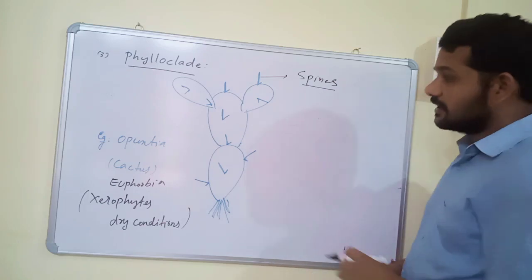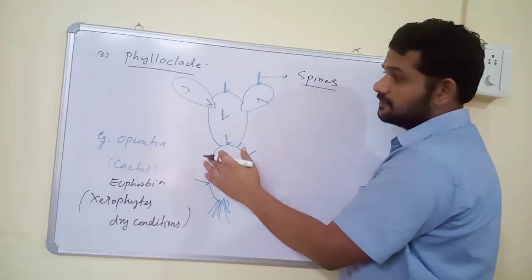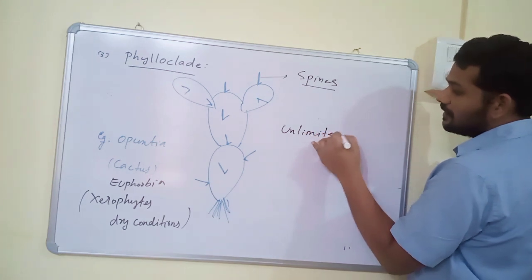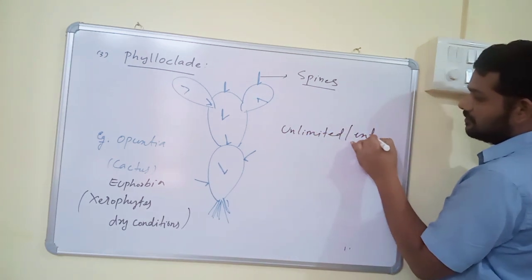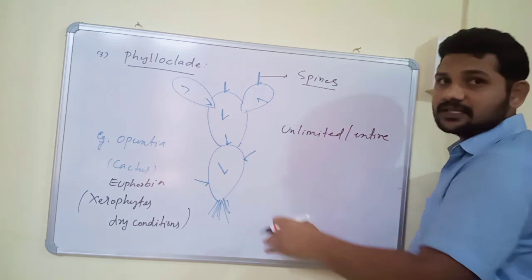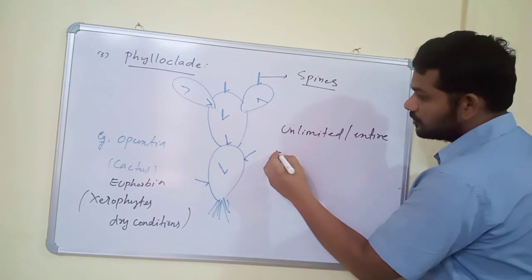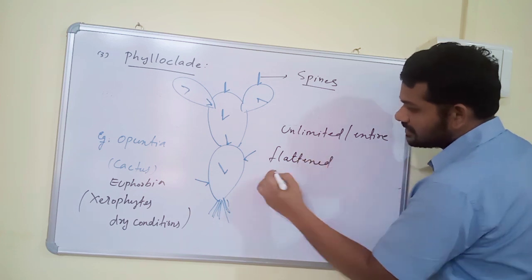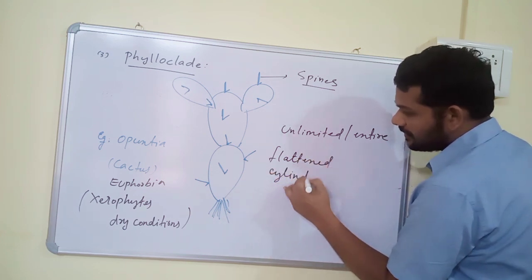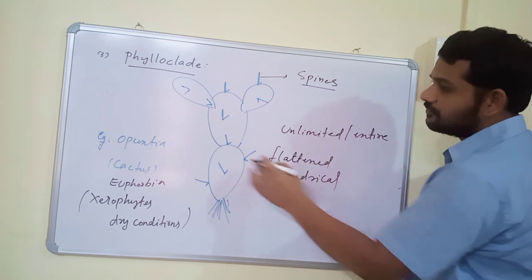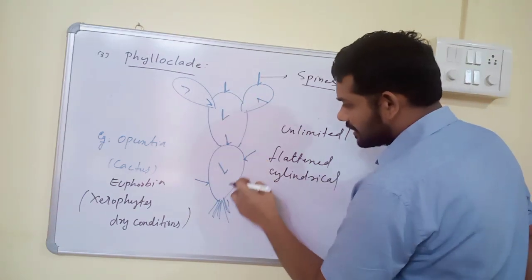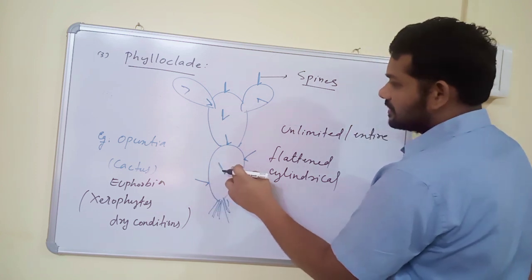So further, the unlimited growth of the stem, or the entire stem, is modified into a green, flattened or cylindrical leaf-like structure which performs photosynthesis.